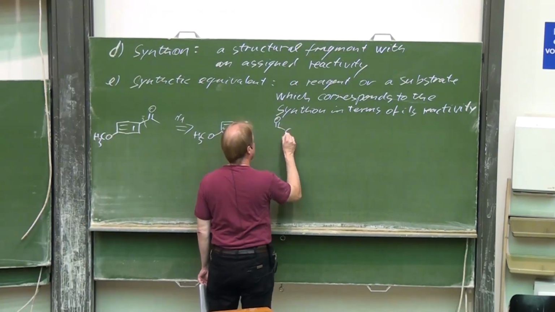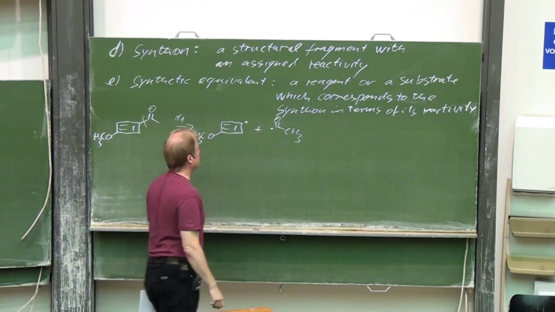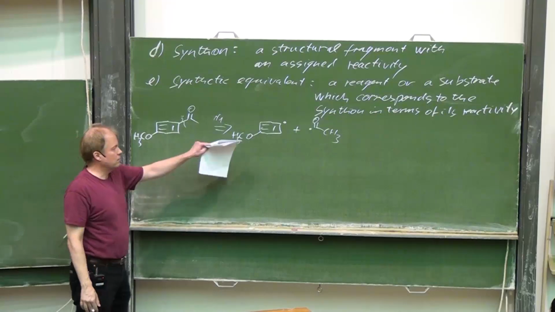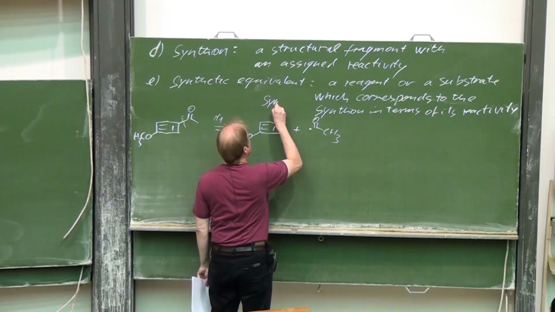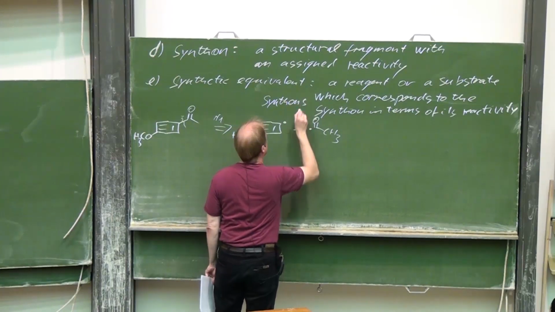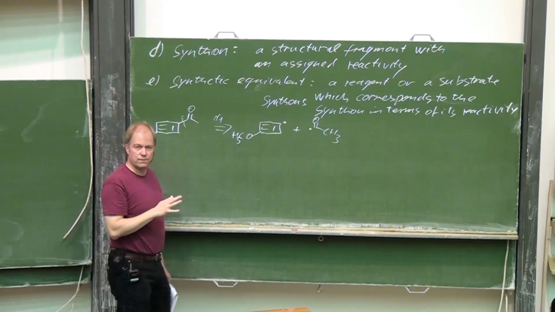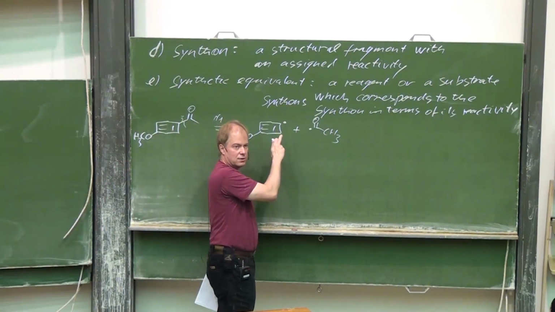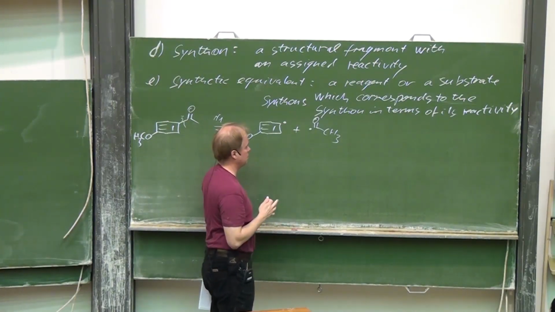And on the other hand, also radical reactivity there. So this must not necessarily be radicals. These are the synthons. Partial structures of that to which we have assigned a reactivity, radical reactivity here.